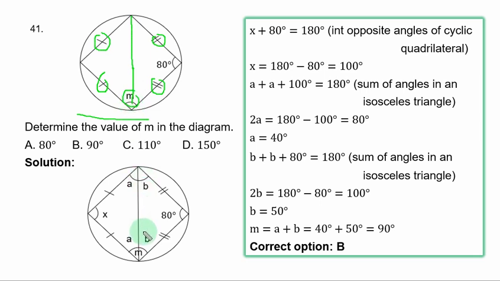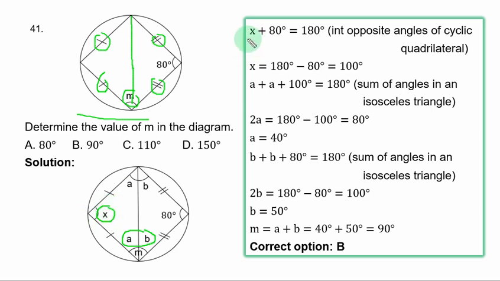For that reason, M is the sum of A and B. You can get B easily, but you can only get A when S is known. So let's start from there.